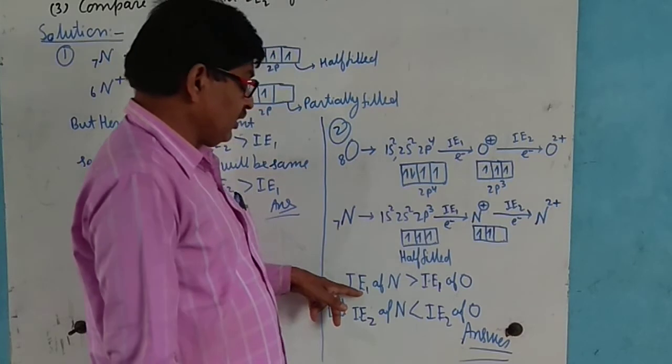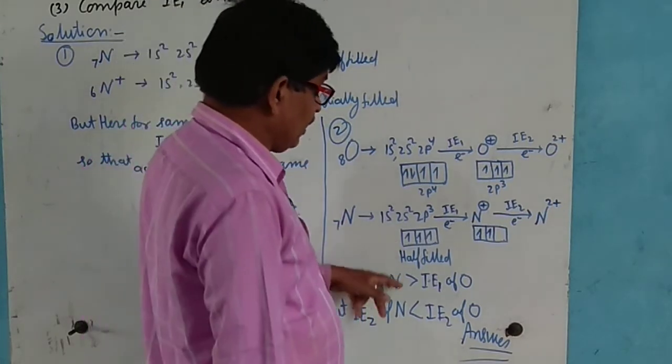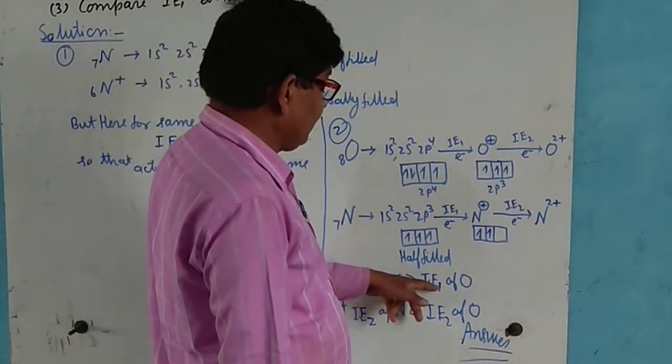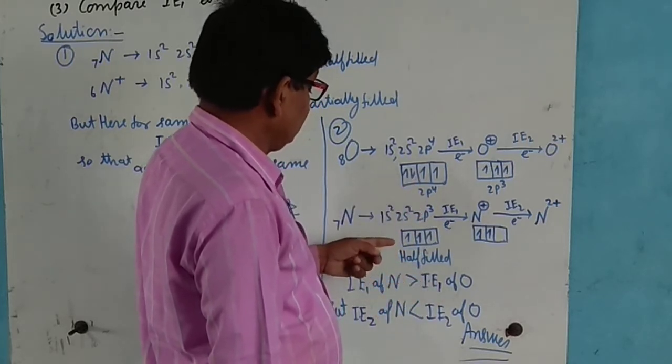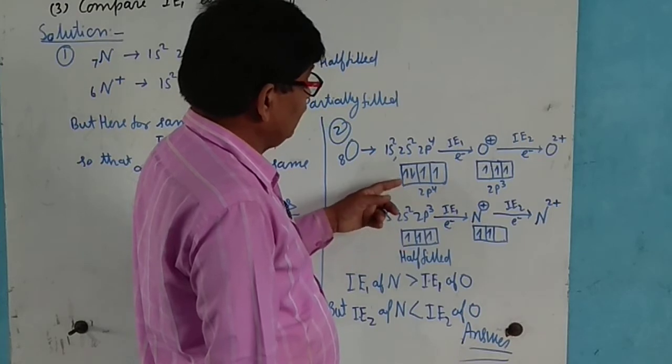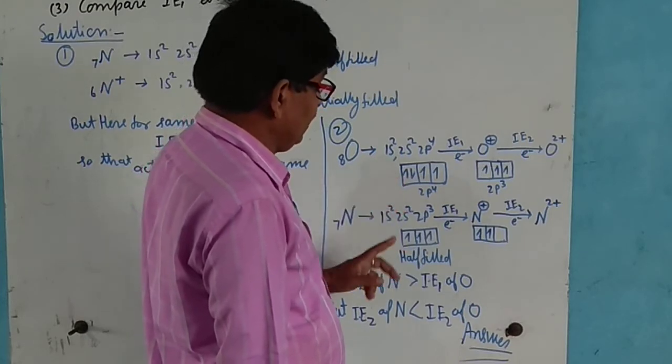First ionization energy of nitrogen is greater than the first ionization energy of oxygen, because nitrogen is half filled and oxygen is partially filled.